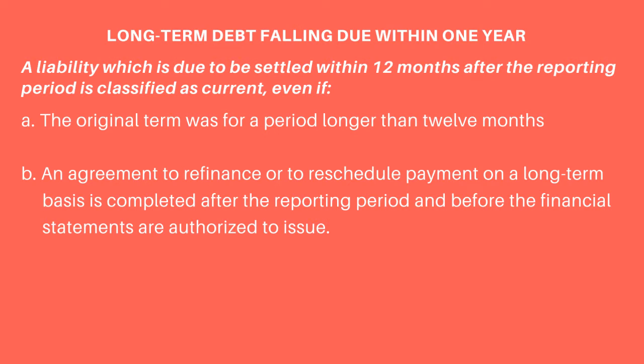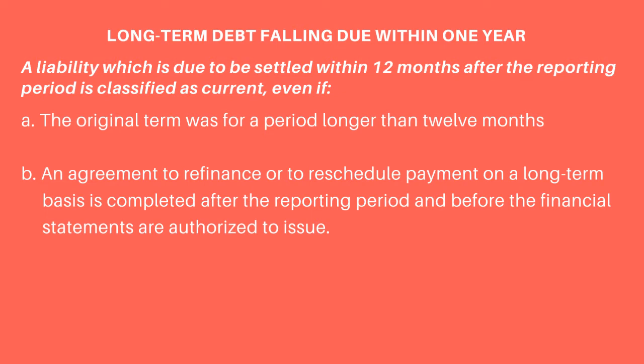And the next one is an agreement to refinance or to reschedule payment on a long-term basis is completed after the reporting period. So, take note, after. So, after December 31, and before the financial statements are authorized for issuance, which is on March 15, 2021.